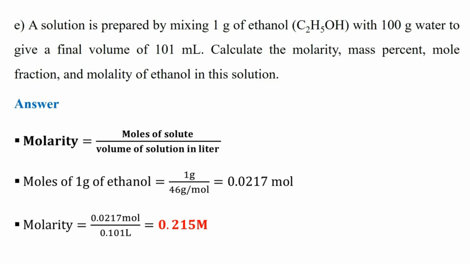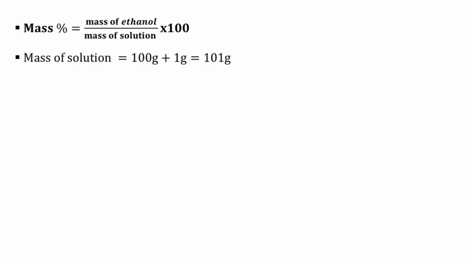The second point, they were asking for the mass percentage. That's what we need to calculate, the mass percentage of the solute ethanol compared to the solution. Mass percentage is equal to the mass of ethanol divided by the mass of solution times 100. The mass of ethanol is 1 gram. For the mass of solution, you need to add the mass of the solute plus the mass of the solvent.